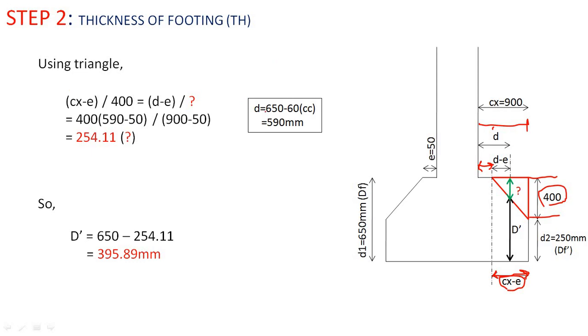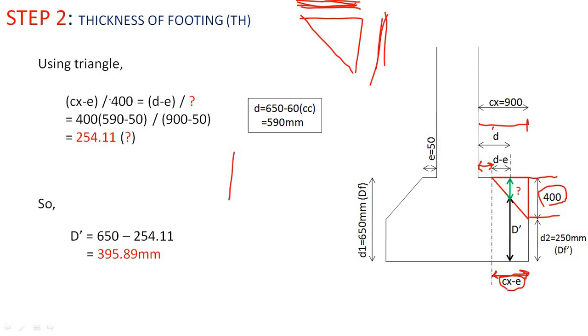So what I have done is, I have plotted one triangle which is something like this, so we will see this length divided by this length. In our case the horizontal length is cx minus e, and the vertical is 400.